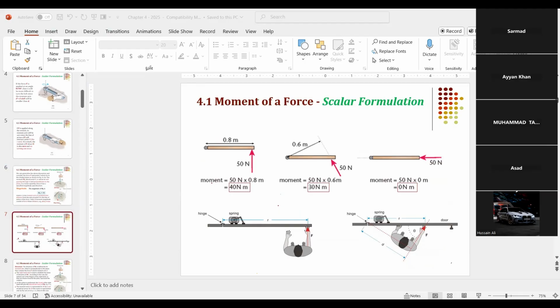Yes, let me see if yellow is better. Okay, so you see that a person right here is applying this force F and trying to open the door. And the force F, you see, is perpendicular to the door right here.